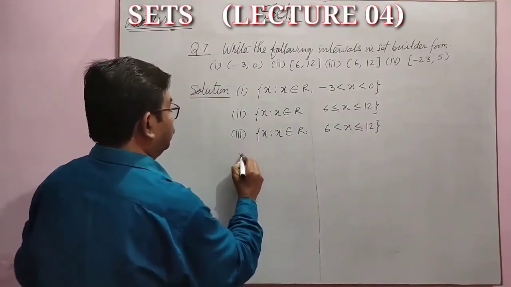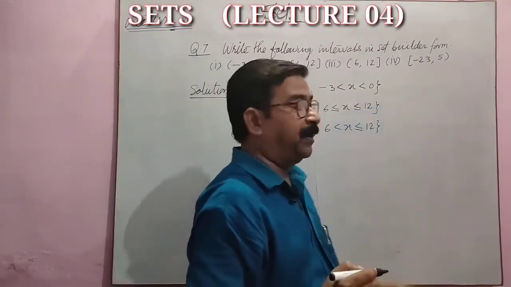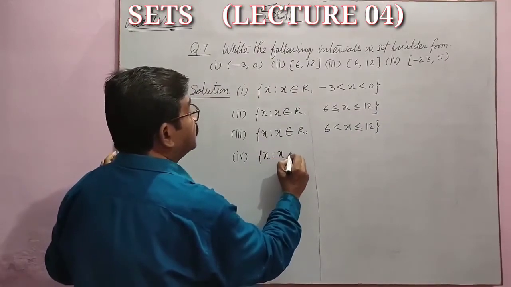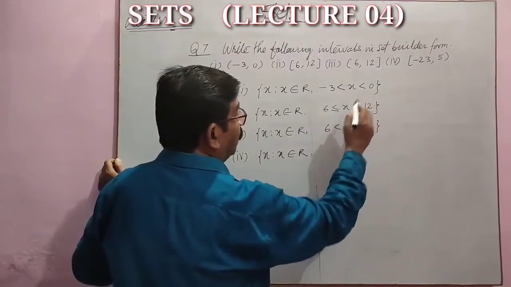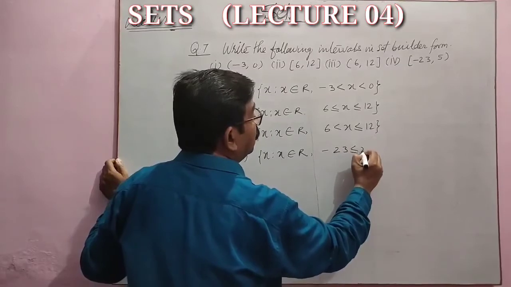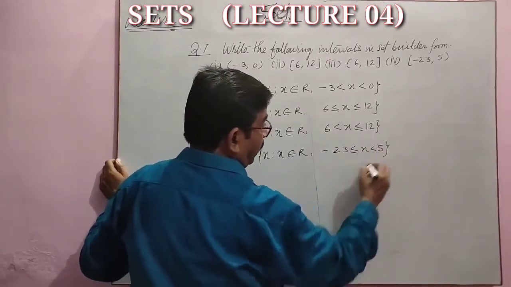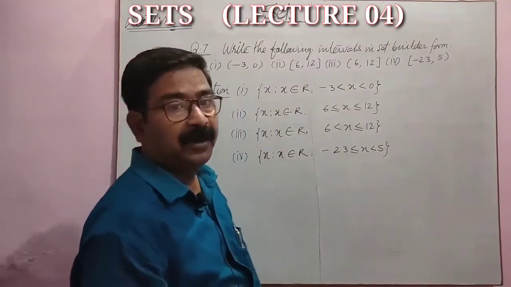The fourth one is closed open, means how to write? x such that x belongs to R and what is given? Minus 23 is less than or equal to x is less than 5. The other side is open. So this is how we write the intervals into set builder form.